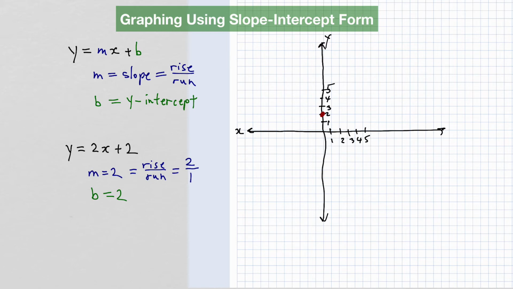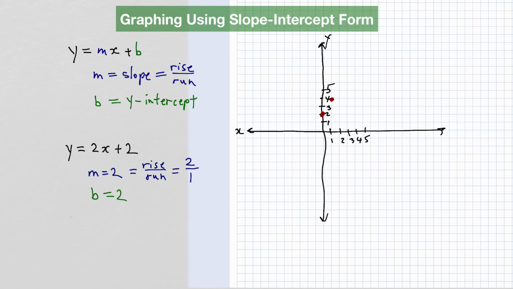Now we know that our slope is 2 over 1, which means we're going to rise 2 and run to the right 1. So we're going to start at our y-intercept, and we're going to go up 2, 1, 2, and then we're going to go over to the right 1, and we put a dot there. Then we're going to go up 2 again.